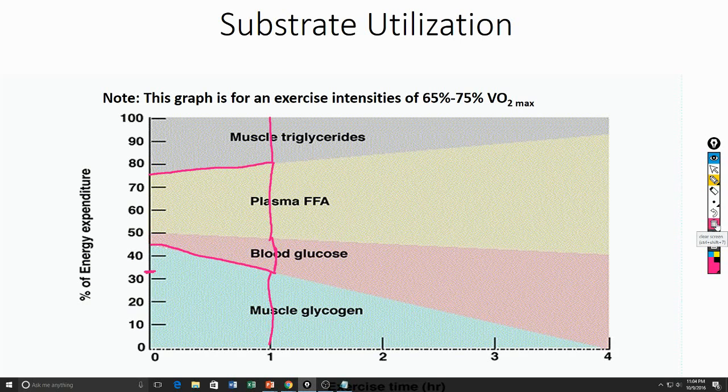So what we're seeing overall is that the amount of stuff coming from the blood is increasing, right? Because if we're talking about fatty acids, those are coming from fat stores around the body, and in most people those are fairly inexhaustible. Not a fat joke, but people store a lot of fat.